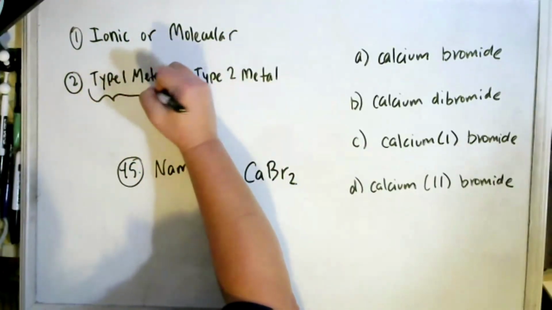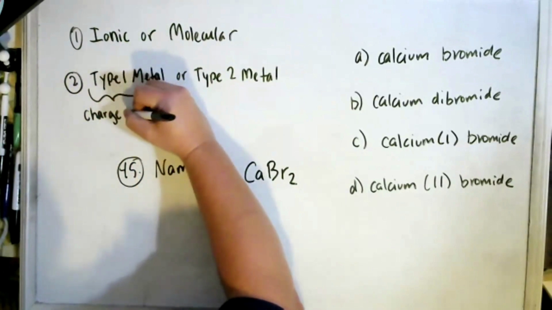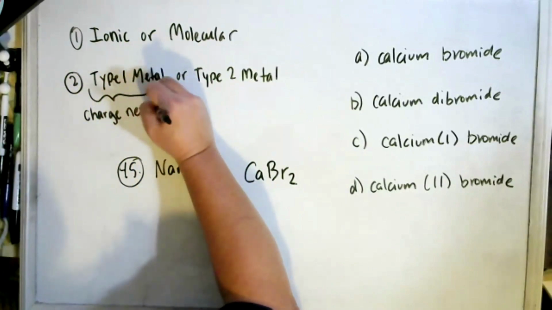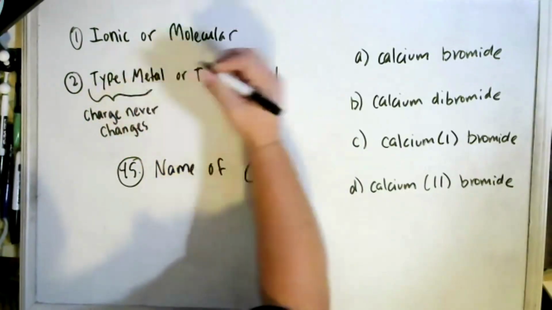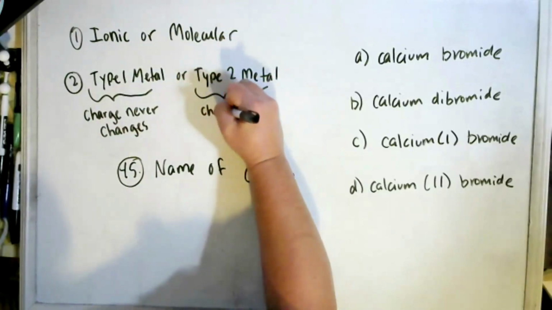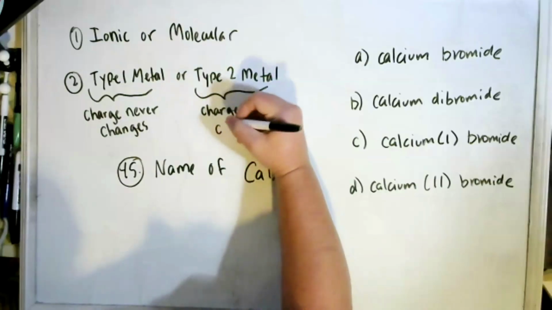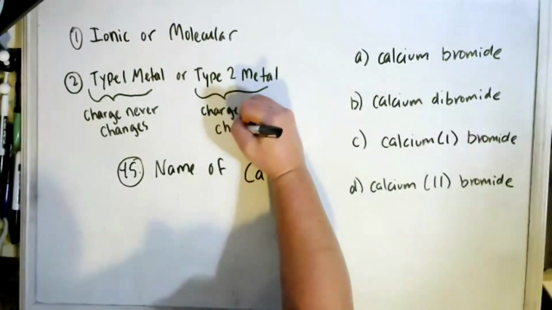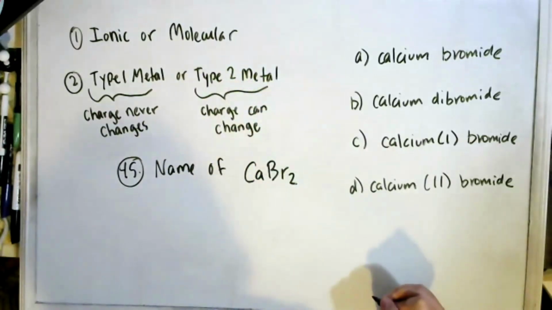Okay, our type 1 metal charge never changes. And for our type 2 metals, the charge can change. Every single time that you name a compound, you must answer these questions if you want to do it correctly.